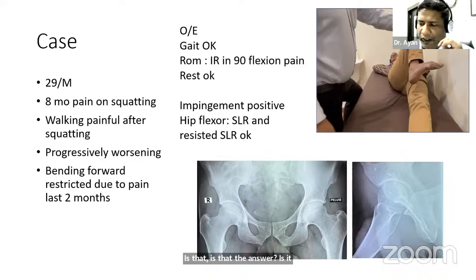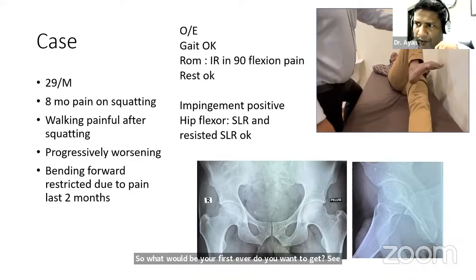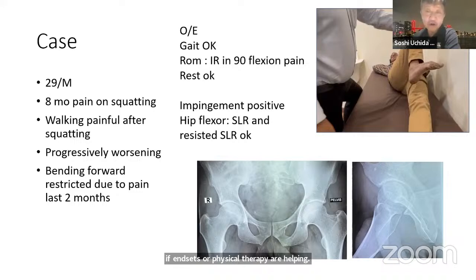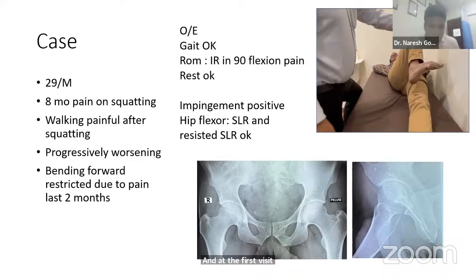Oh, no, I was asking if you have a patient who has a positive impingement test and the rest of the examination is normal, what would be your first step? Would you want to get an MRI, or just see if NSAIDs or physical therapy are helping him at the first visit? Usually I let them go to physiotherapy first, and see how it works.